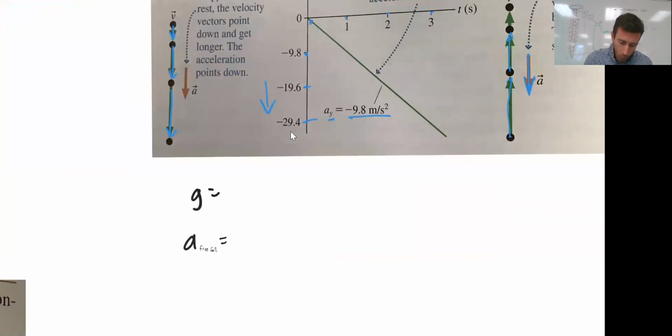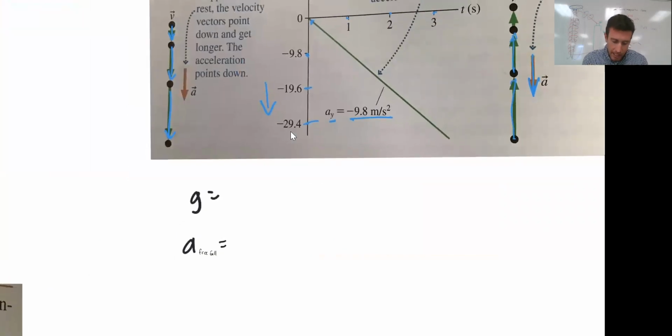Okay, one note here. When I say I have a gravitational force of g on the Earth, g is equal to 9.8 meters per second squared. That's the positive version. The acceleration due to free fall, because it's downwards, is going to be negative g, which is equal to negative 9.8 meters per second squared.